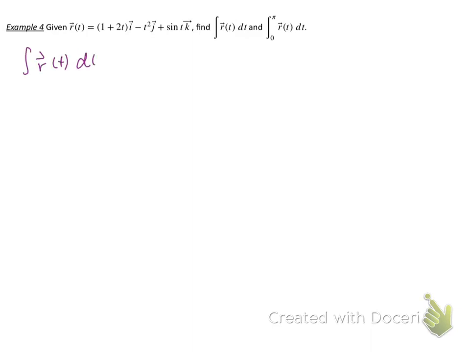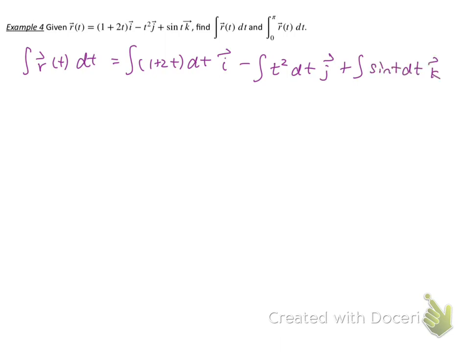So the integral will be the integral on each of the coordinates. So the integral of (1 plus 2t) dt, that's my i, minus t squared dt, that's my j, then this time plus sine t dt, that's k.